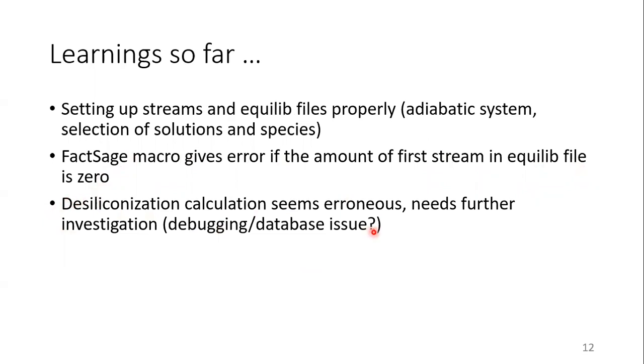The desiliconization calculation, as I discussed in the previous slide, seems erroneous. It needs further investigation. We need to look at whether further debugging is required, or whether there are database, solution or species selection issues.